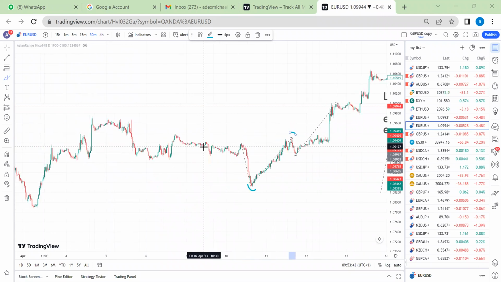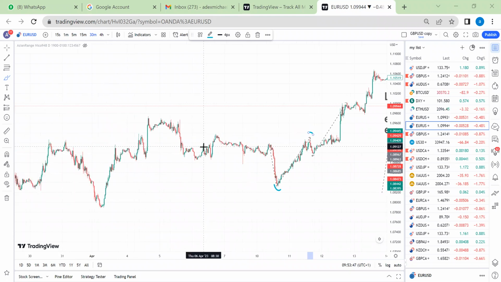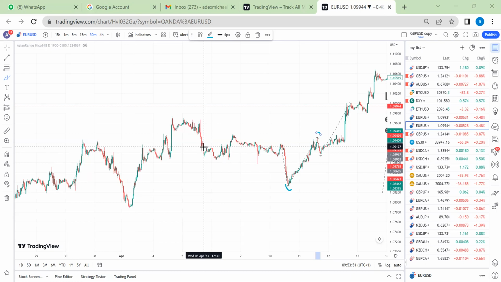For the equal lows and highs to be used as liquidity, must it break the trend line? If you break the trend line, you are more confident, but most of the time it may not break it. So you don't really have to wait for it to break.